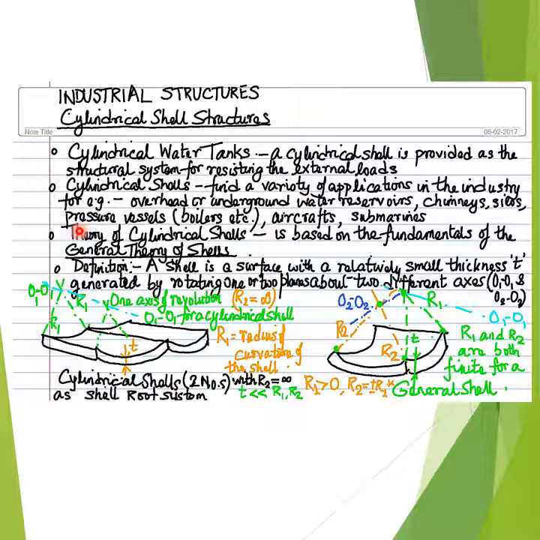There are several other examples of applications for cylindrical shell structures as mechanical engineering structures or aeronautical structures or marine or naval structures.